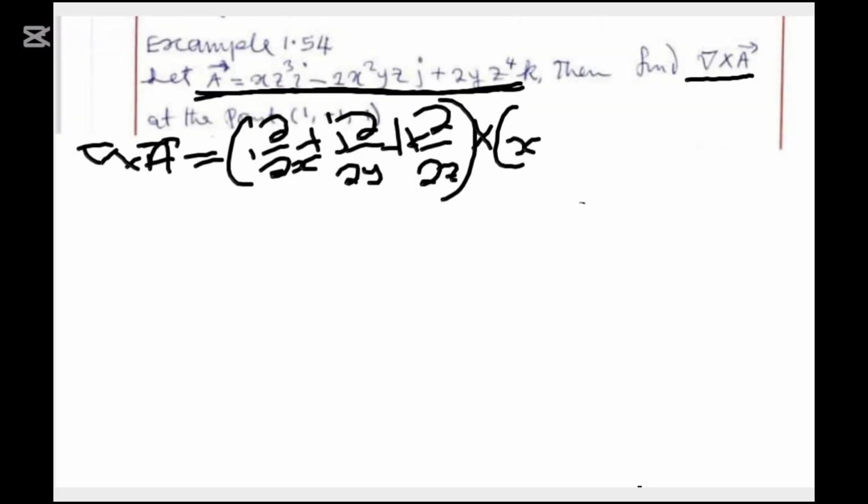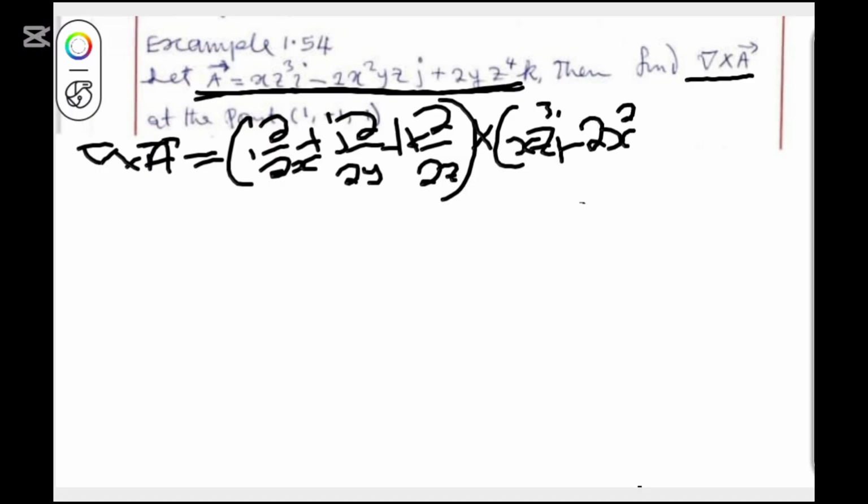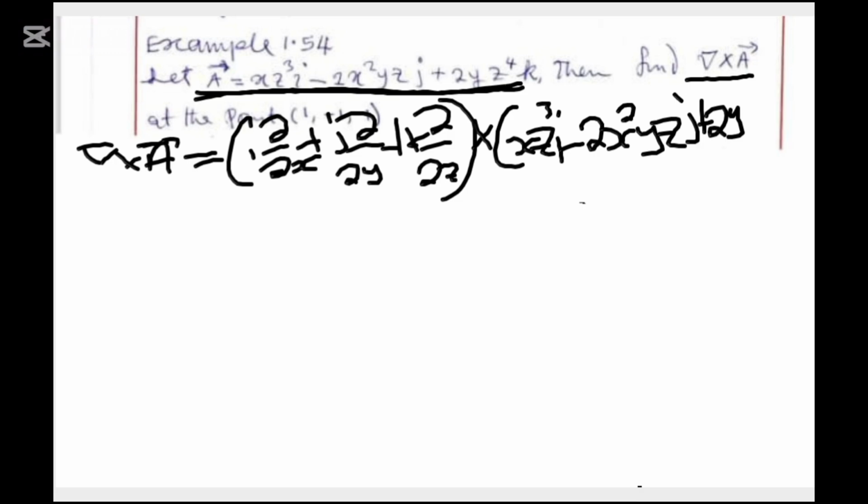So I will say xz cubed i minus 2x squared yz, which is j, and therefore plus 2yz to the power 4 k.